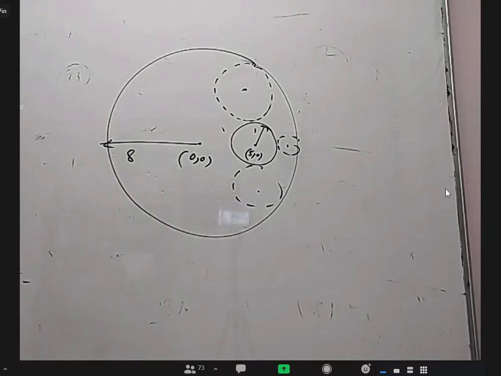The locus of the center of a circle touching the bigger circle internally and the smaller circle externally is an ellipse. Why is it an ellipse? What are the foci?